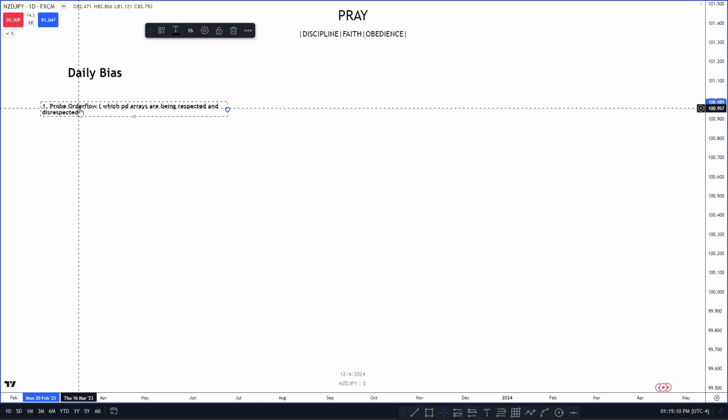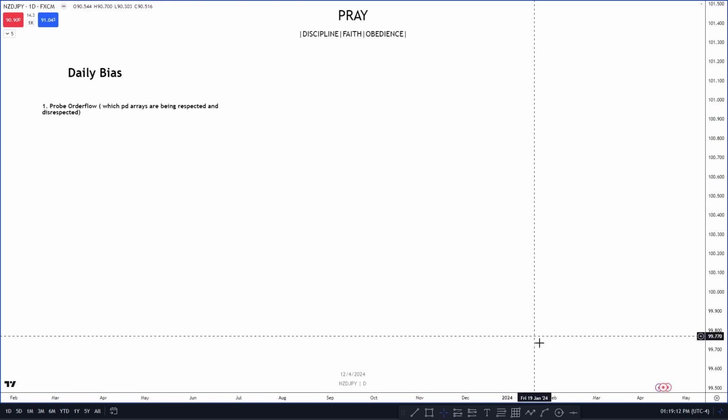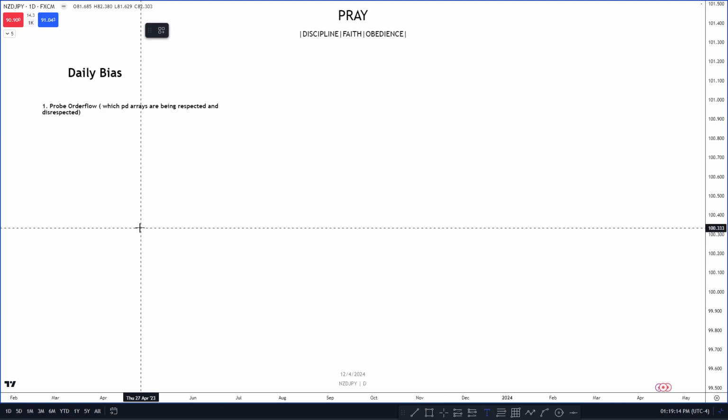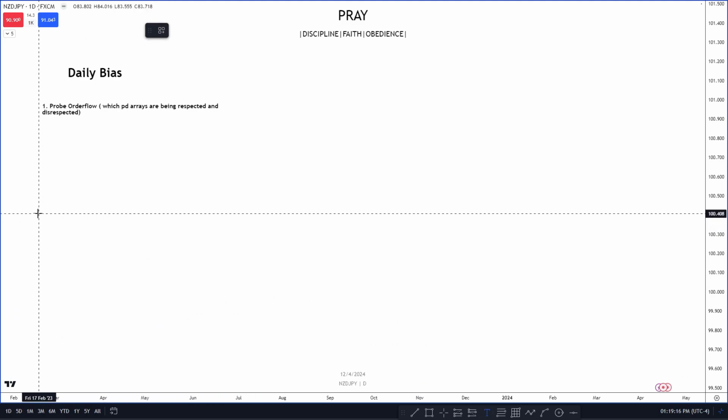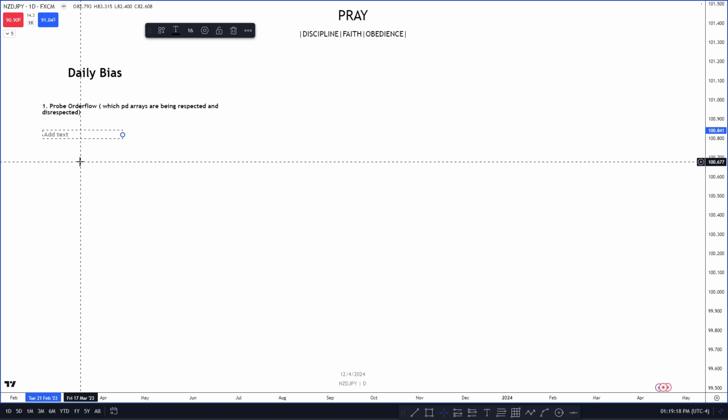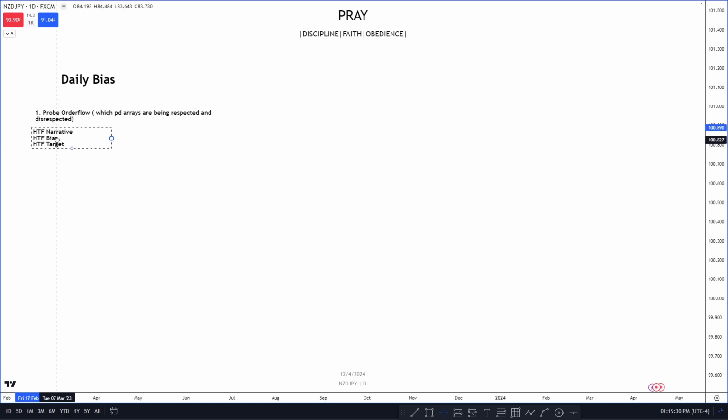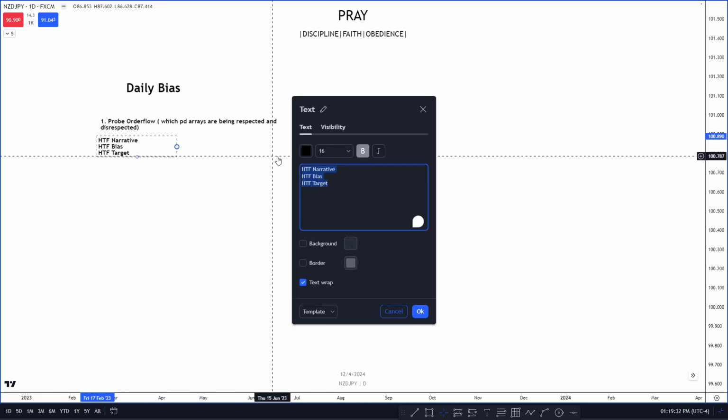are being left, right? So, second, and this is arguably the most important, these three are the most important, is your high time frame narrative, high time frame bias, and high time frame target. Are we looking for previous week's low? Are we looking for previous week's high?